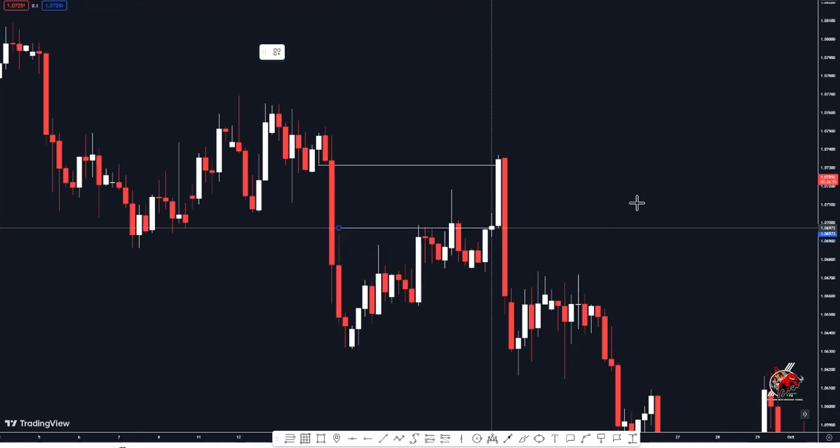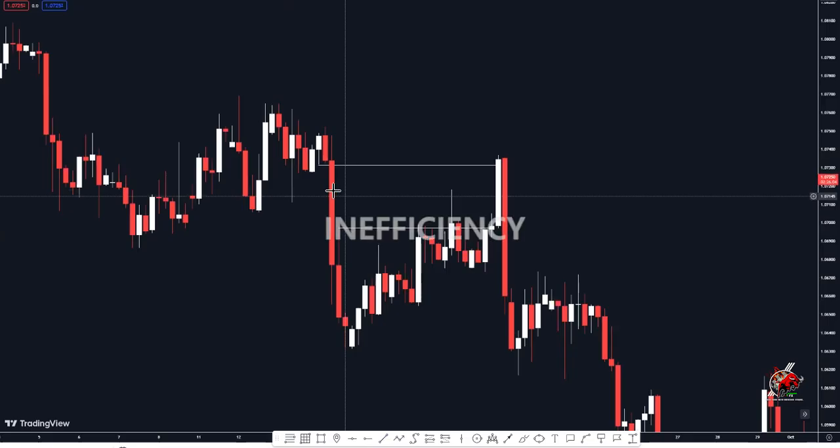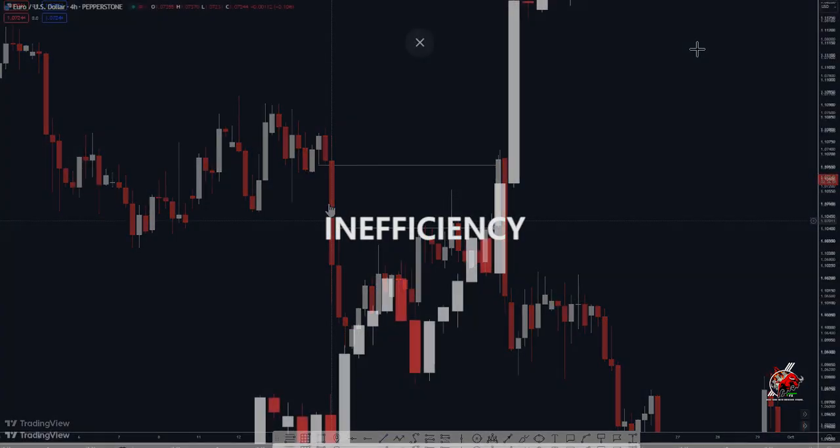So the market has left that imbalance. We know when the market leaves an imbalance, it has to come back and fill it in. So the market dropped right here, and then came back to fill in this imbalance that was left behind.